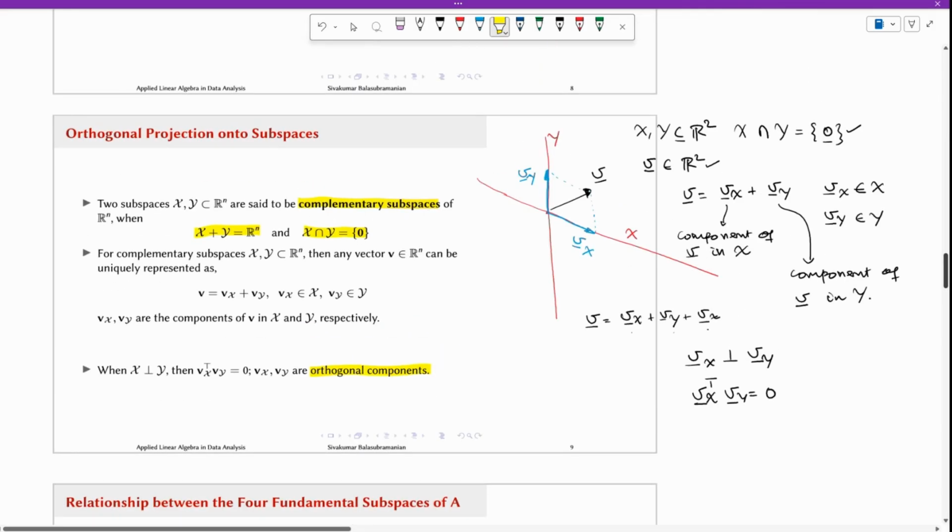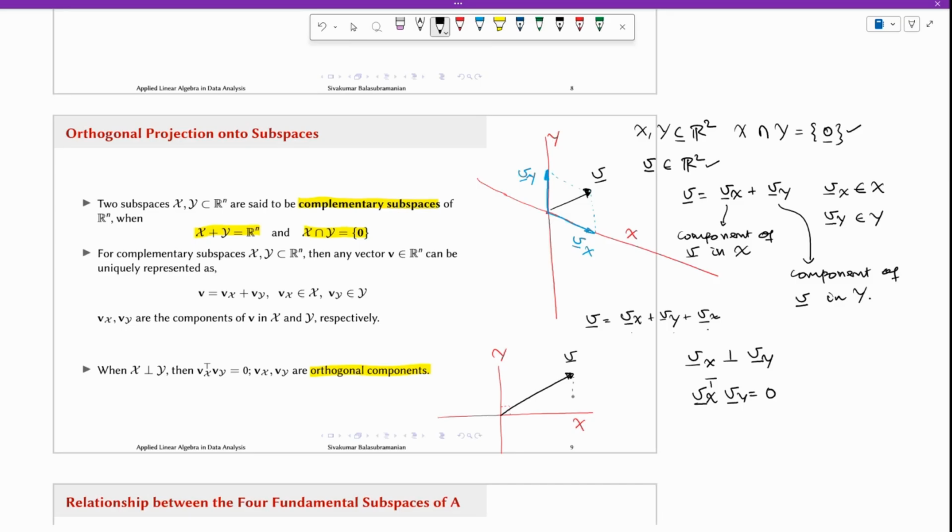It's quite easy to find the orthogonal components. Okay? So if X and Y are orthogonal, and I have a vector V, and I apply the parallelogram law of addition of vectors, I have to move along the X direction by so much, and then move along Y by so much.